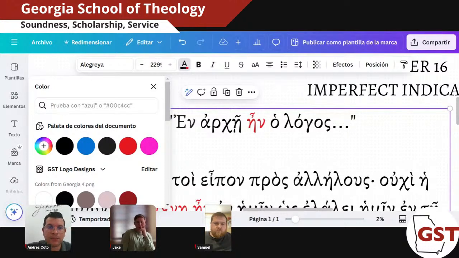This brings a lot of theological information to us. The verb een in the imperfect tense indicates the continuous existence of the Logos, or Jesus, in the past, which implies that the Word, who is Jesus, was continuously existing in the beginning. So he was not created at some point in time.